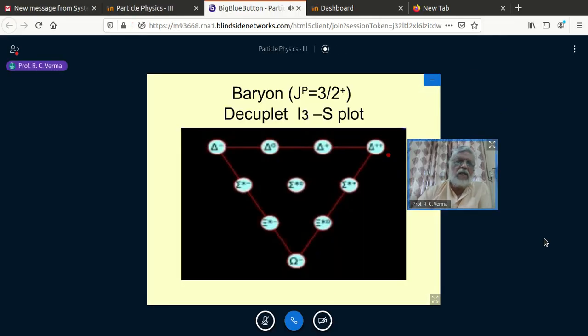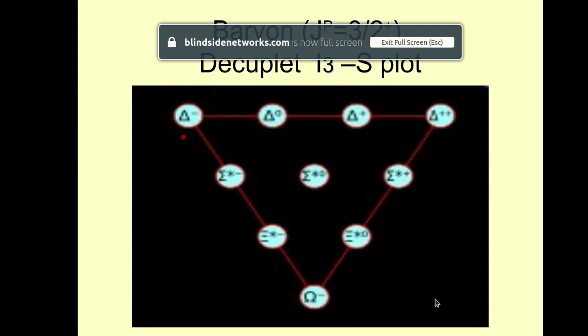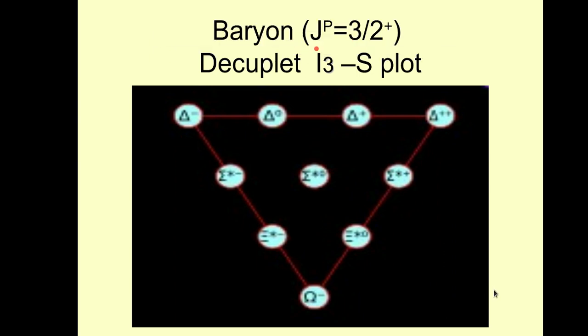Similarly for the decuplet, we have a quartet, that means isospin 3/2. All these 10 particles have spin 3/2. On the vertical scale, these are non-strange particles, that means strangeness is 0. There is -1 strangeness with the sigma star family, -2 strangeness here, and omega here.